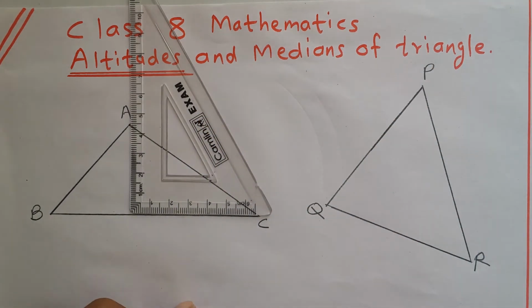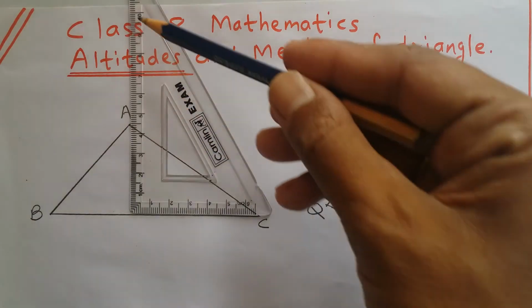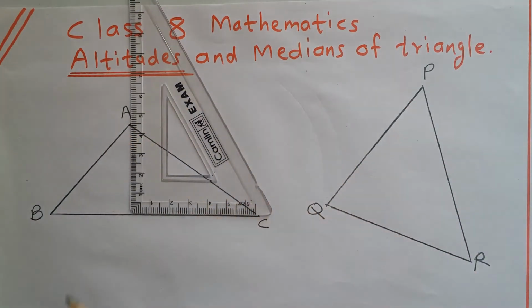Can you see this set square, these two sides of set square which make a right angle with each other. Now this side matches with the base BC, and this side matches with vertex A.